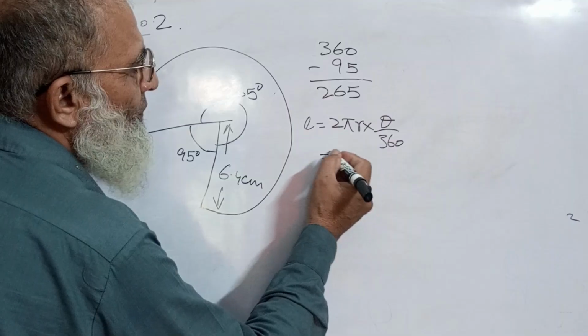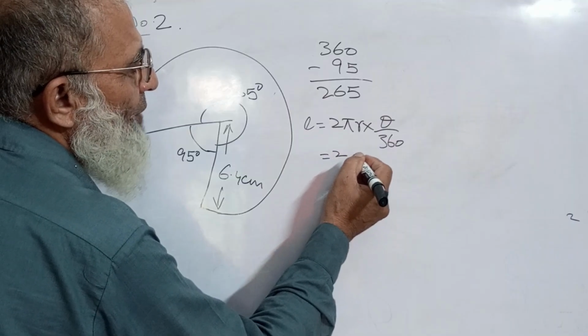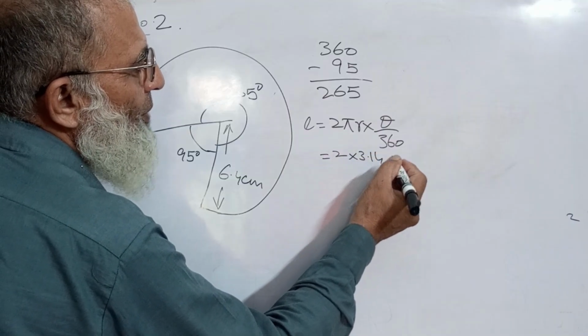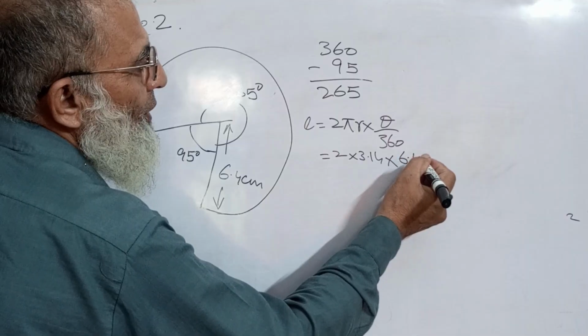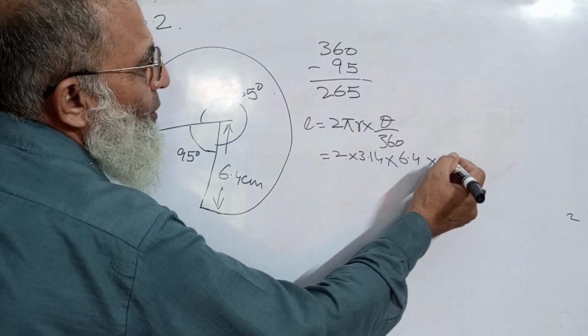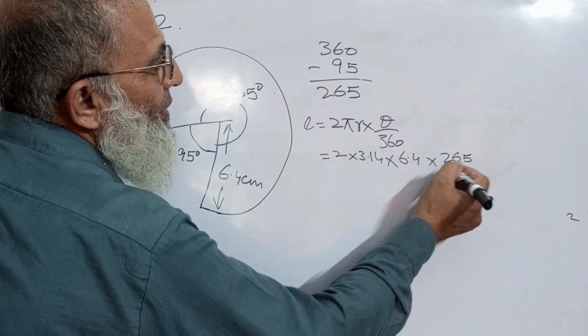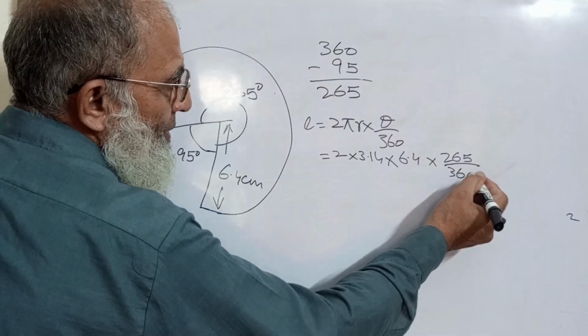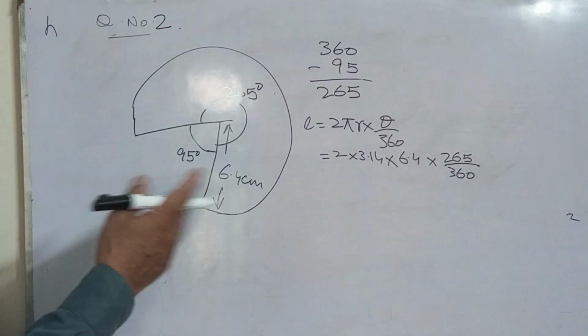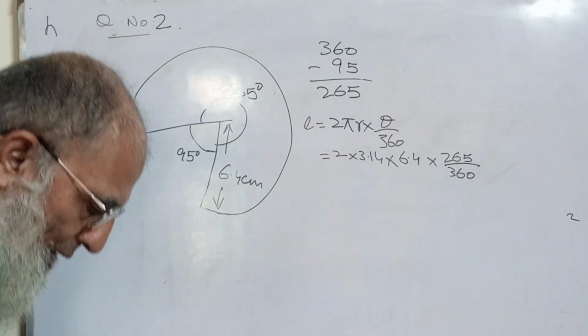So it will become 2 multiplied by 3.14 multiplied by 6.4 multiplied by 265 divided by 360. Just calculate it and you will get the answer.